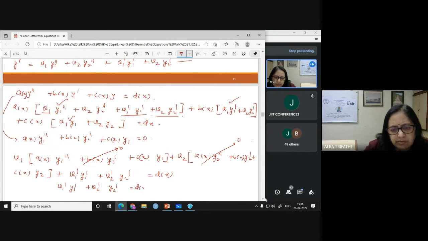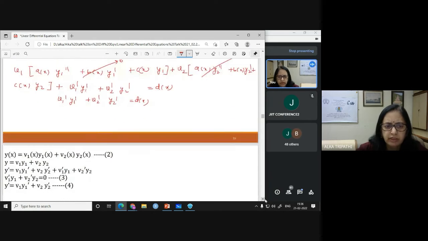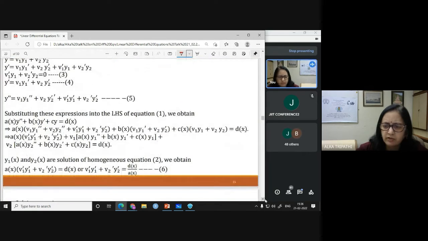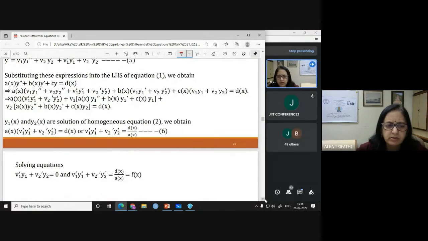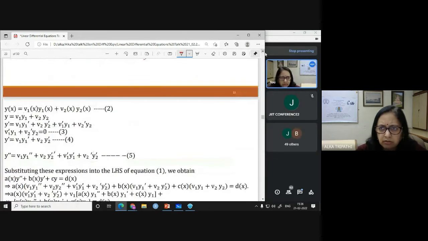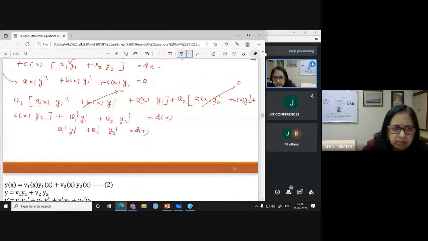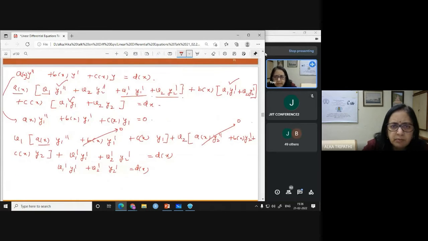So I have two equations and two unknown values. So we can solve both equations and get the values of v1 dash and v2 dash. The two equations I am getting are, just a minute, there is one mistake I think. Yes, this ax multiplied by this is equal to dx.